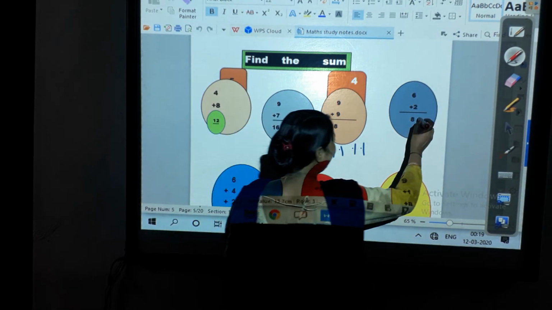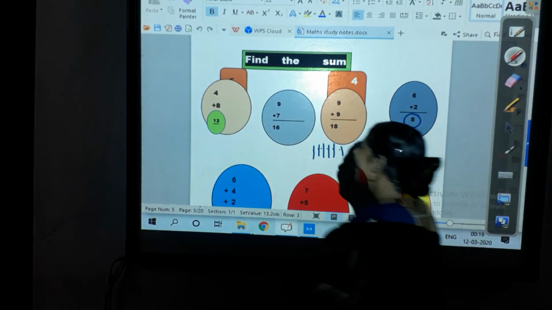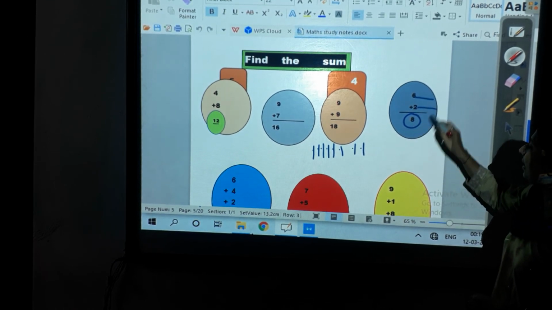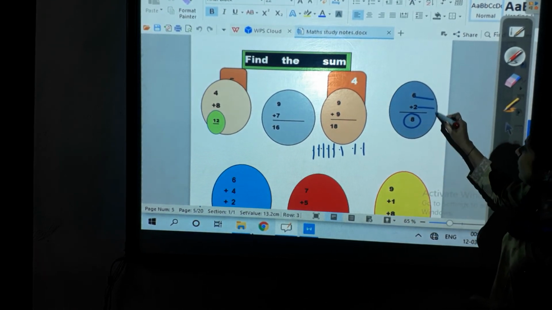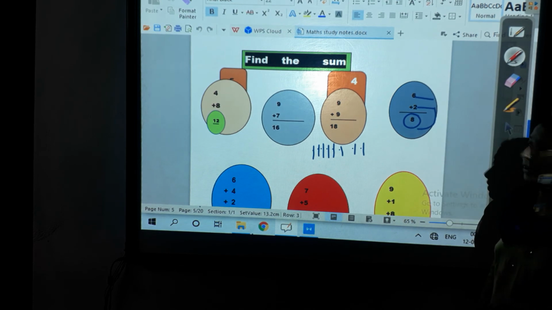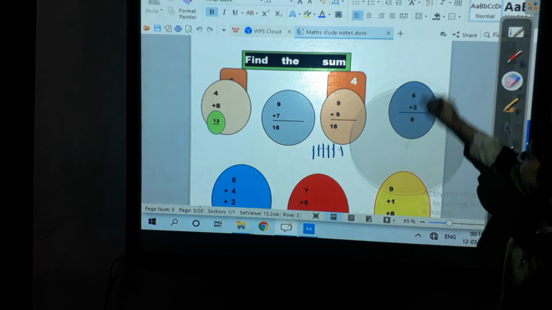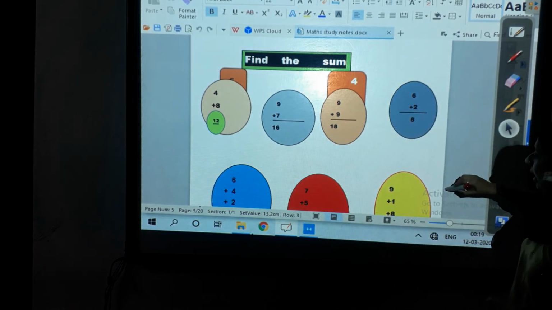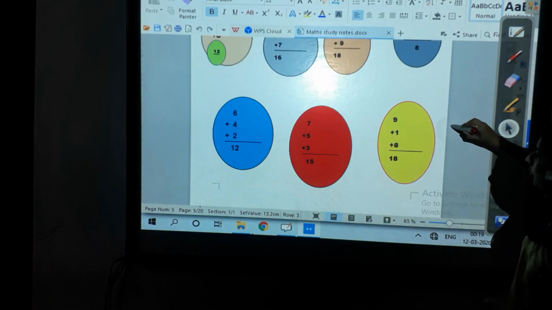So I have written it as 8. The first addend is 6, next addend is 2 and the sum is 8. Okay, understood children? Make sure to draw the lines in your copy and do the sums.